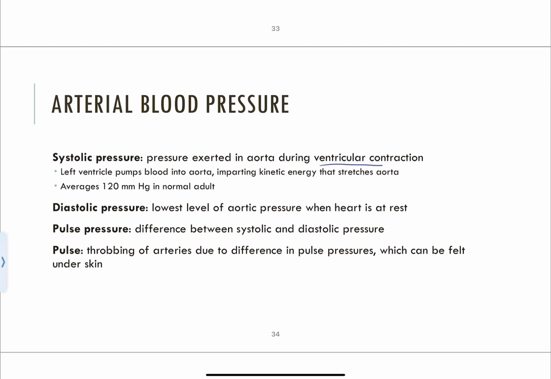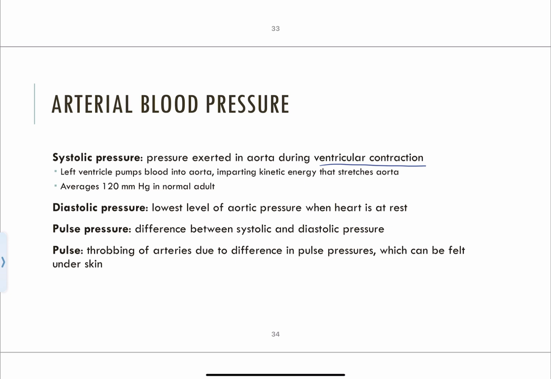And if we're specifically referring to the pressure in the aorta, then we're specifically referring to our left ventricle, because that's the ventricle of the heart that's responsible for pushing the blood into the aorta itself. The average pressure is about 120 millimeters of mercury in an average normal adult. The diastolic pressure is going to be the lowest aortic pressure, and that would occur when our heart is at rest, so during ventricular relaxation.